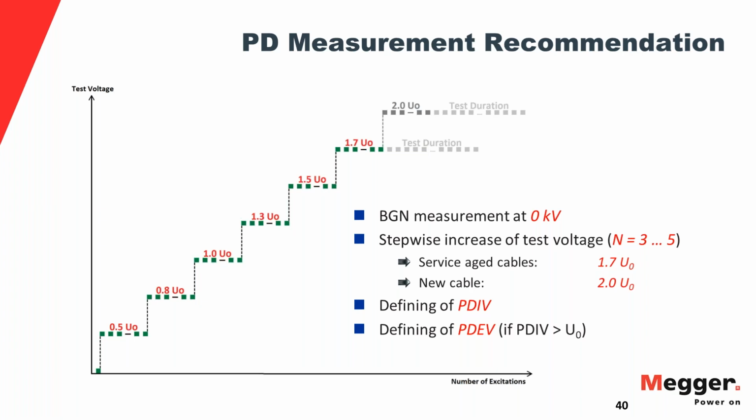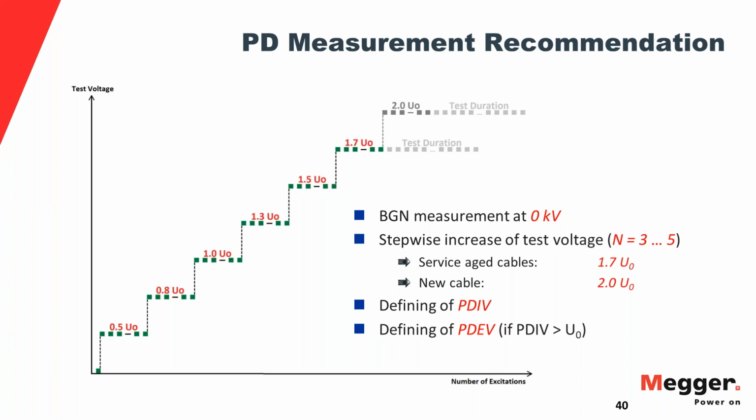And again, I repeat myself, if a very old serviced age cable passes a VLF test at 1.7 times U0, that doesn't mean it's good. It just means, okay, I'm okay for the next ground fault, and I can proceed, and I'm probably not better than just 1 year or something. So I won't get this 2 to 3 years reliability that you got from Dortmund and Malaysia, the field studies.